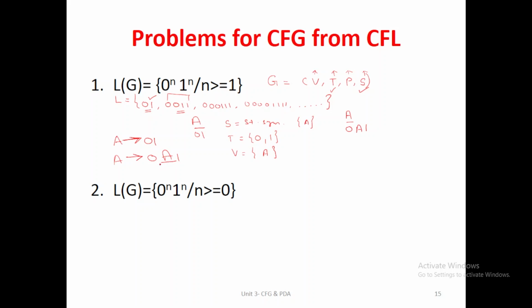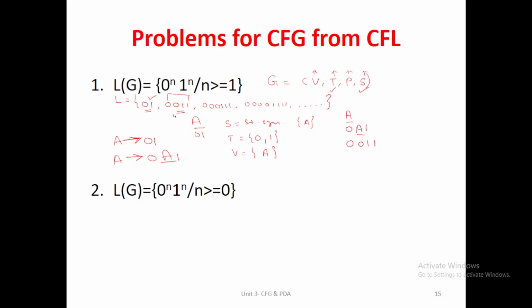Either you can substitute 0A1, or 01, because both productions contain the same non-terminal symbol on the left side. In 0A1, A is the non-terminal symbol; instead of capital A, I can substitute 01, and the remaining symbols are available.